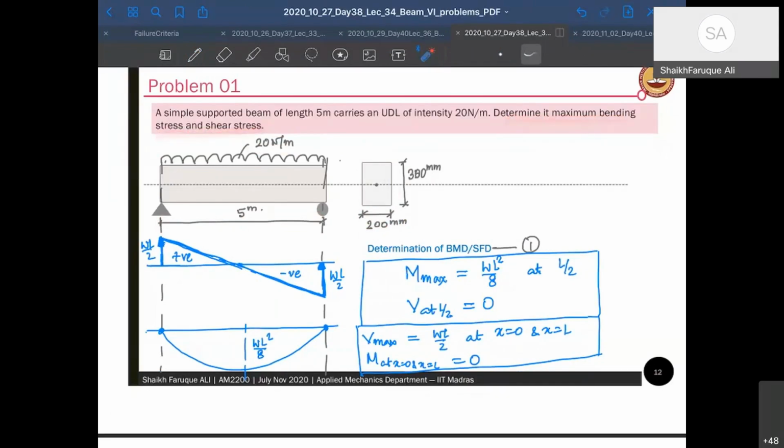It's not difficult. Maximum bending stress will be at a location where you have maximum bending moment, BMD. So maximum bending stress is at the section where BMD is max.